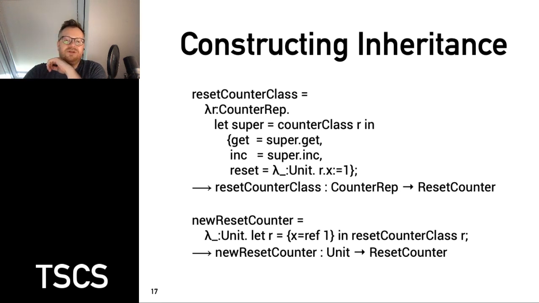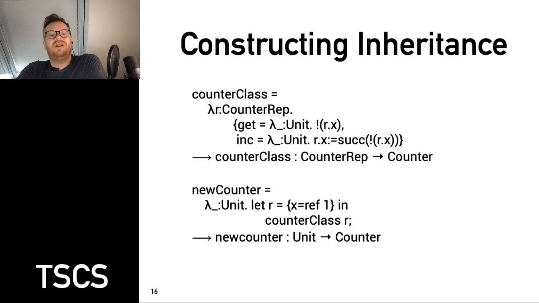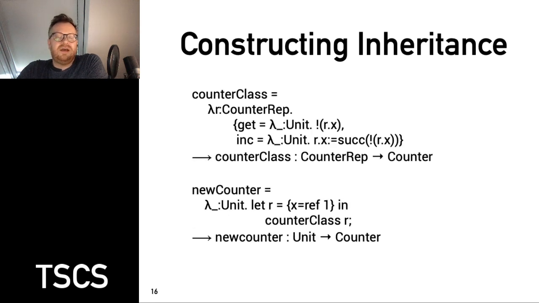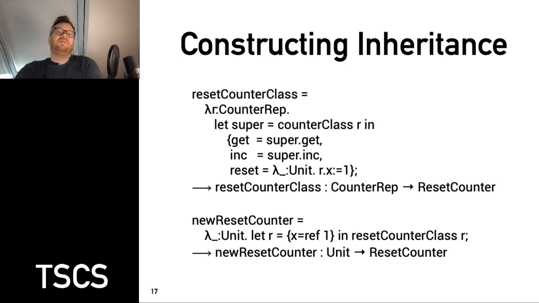Super get is the result, like a projection on the result of counter class R. And if we scroll back, counter class R is a counter, and a counter has a get and an inc as a record. So one thing to do is, of course, invoke it by putting an argument there, but you can just reuse the function definition at this point. It's a term. We're in the lambda calculus, so it's just a term that you can reuse at that point.